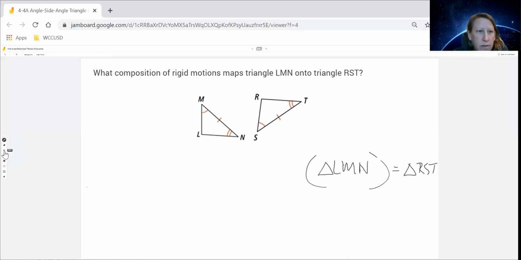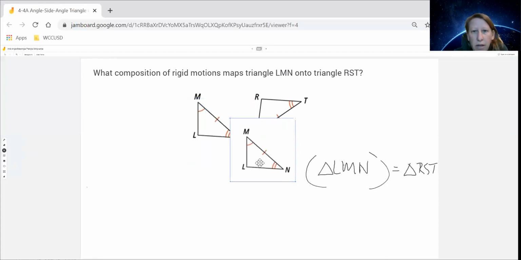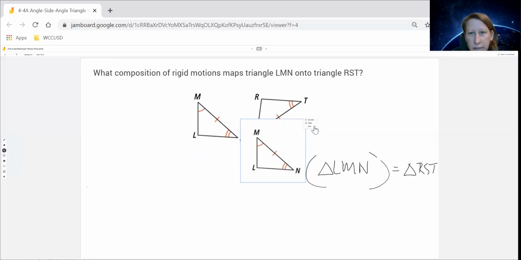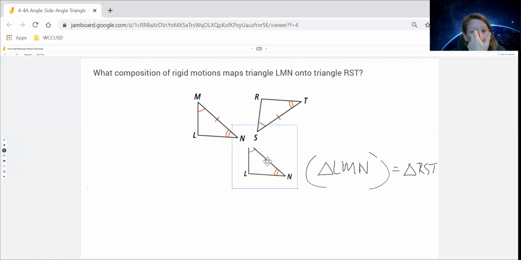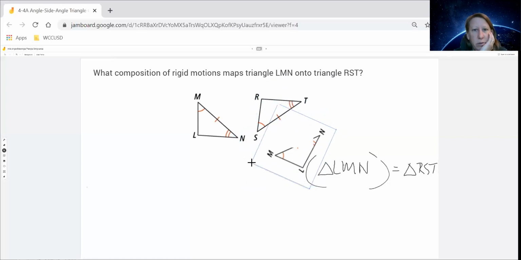And there's lots of ways to do this. I am going to take M and put it right onto S. And it's a little hard to see. Just pretend this program is slightly limited. Let's pretend like I put point M exactly on point S. Okay, then what do I need to do? I'm going to need to rotate it. And again, it's a little hard to see, but we'll maybe rotate just a little bit more.